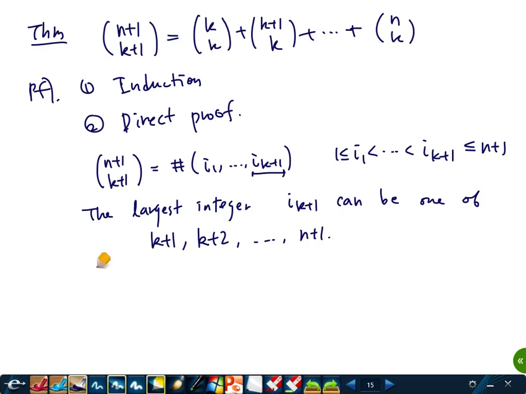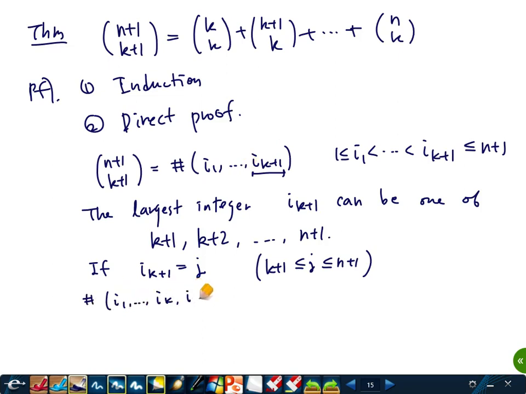So suppose that this is fixed, say fixed to be j. And of course j is between k plus 1 and n plus 1, like we saw. Then what is the number of tuples once this is given? The number of tuples i_1 through i_k, where i_k is less than i_{k+1}. But this is fixed j, right?